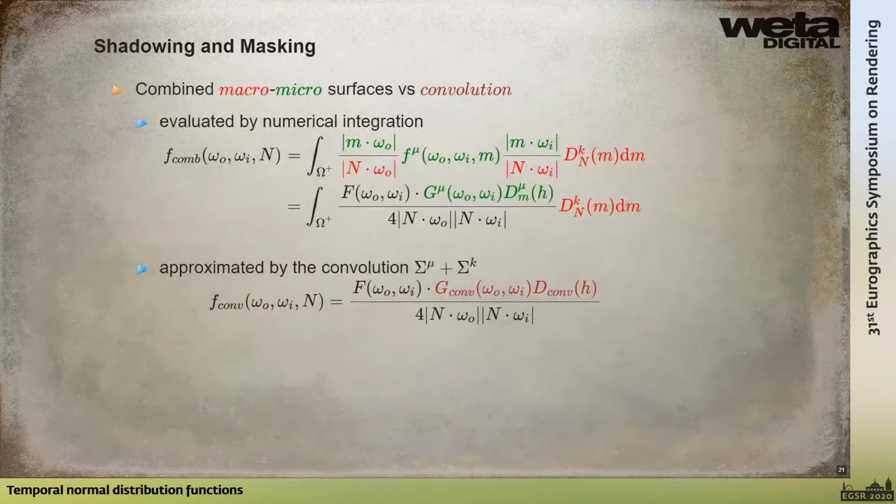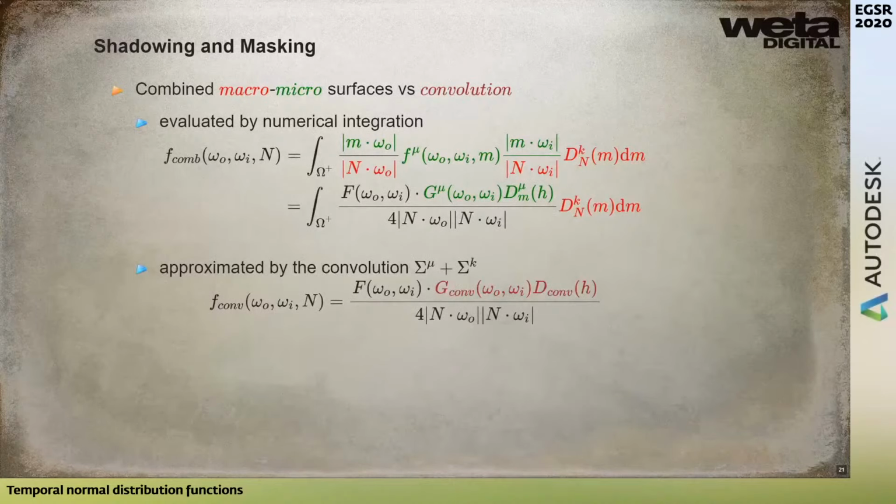As we were mentioning before, combining micro and macro surfaces or convolving them is not exactly the same thing. Let's have a look at the explicit formulation and at our approximation. For the microsurface in green, we have our microfacet BSDF that we encountered before.